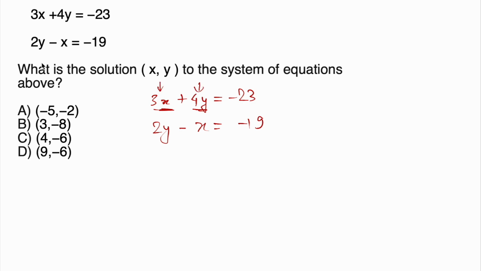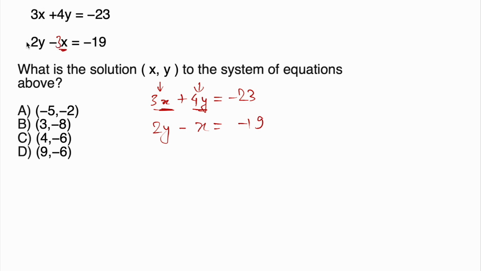So in this case, we'll see which of these two is easier to remove. So here, to remove x, we need to multiply it by 3 so that we can just add and it will be removed.